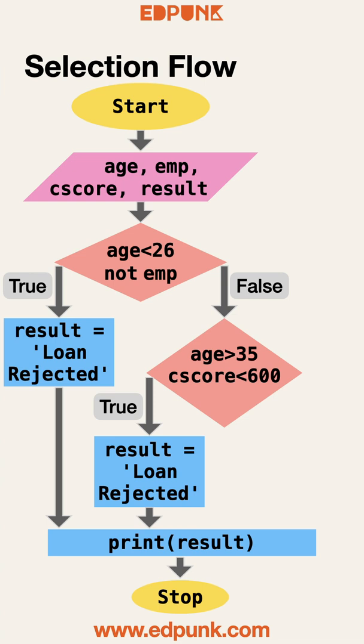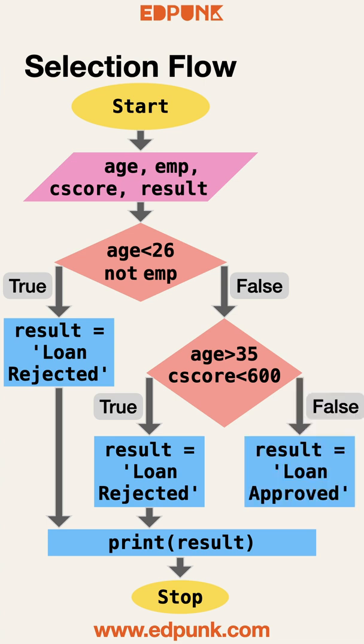As the result has been evaluated, it is output and the execution stops. In case the condition is not satisfied, then the value of variable result is updated to the string "loan approved". As there are no more decision making statements, the result is output and the execution stops.